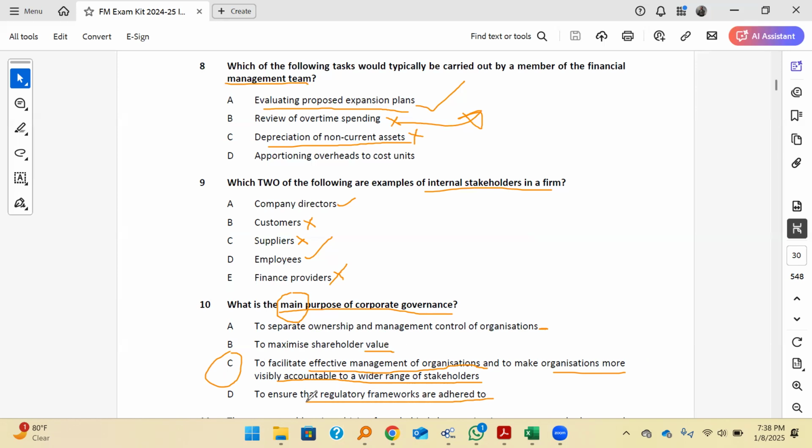Even this one, corporate governance, when you look at it, also focuses on it. But again, it is not the main objective. So what I'm trying to say here is that the reason why point C is the correct answer is that it is the main objective of corporate governance: effective management of organizations, and making sure that they are accountable to a wide range of stakeholders.